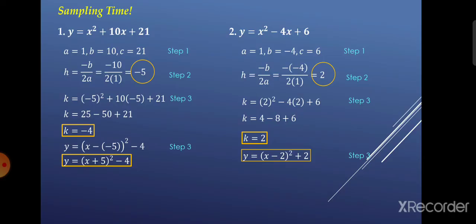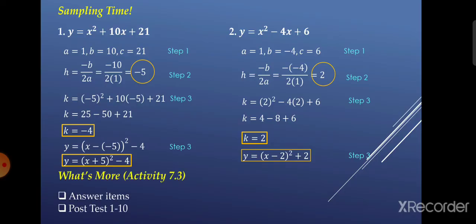So imaginary 1 ang value sa a. So manang walay a o walay number gawas sa parentheses. So that would be y equals the square of x minus 2, kay positive ang h, then plus 2 sa gawas, kay ang k is positive 2. Okay? So karon sa mahimong x plus h kung ang h is negative. Karon sa mahimo siyang minus k if ang value sa k kay negative sad.